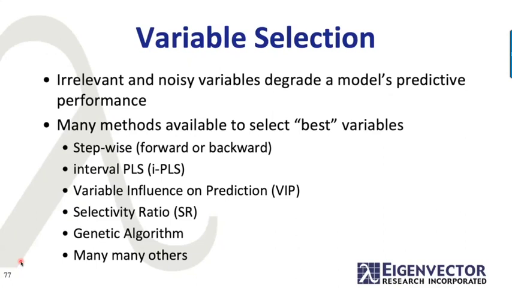All those things can be done to improve the model. And of course, what did we do? One of the things that we did was we just looked at the spectra and chose it by hand. So we did some variable selection by inspecting the loadings and using just the areas that we thought the information was in. So that was variable selection.